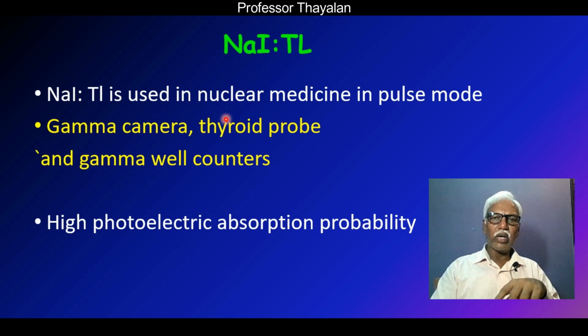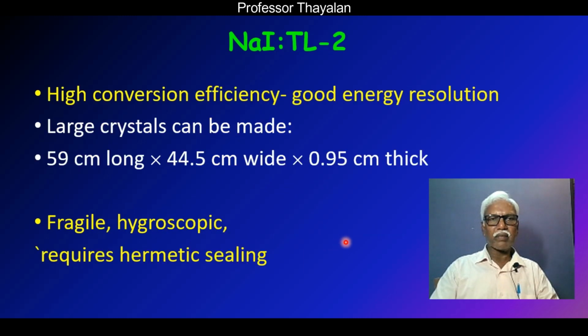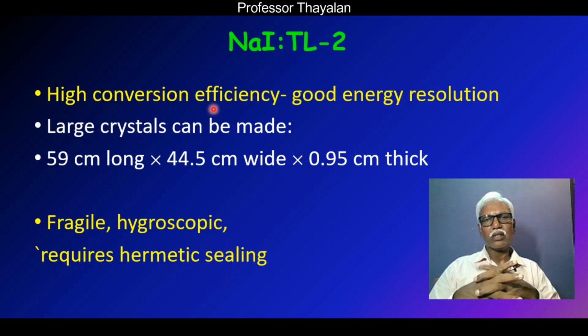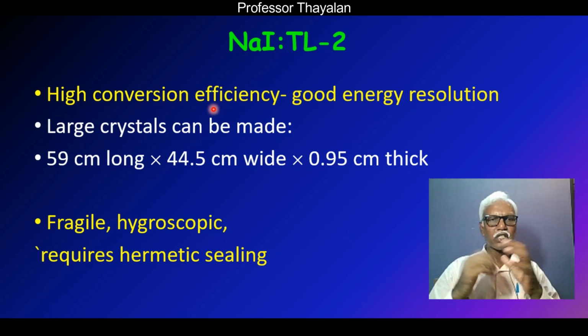So let us see sodium iodide with thallium. Sodium iodide is one of the oldest scintillator crystals used in nuclear medicine in pulse mode. It is used in the gamma camera, thyroid probe and gamma well counters. It provides high photoelectric absorption probability. It has a high conversion efficiency so that it provides good energy resolution.